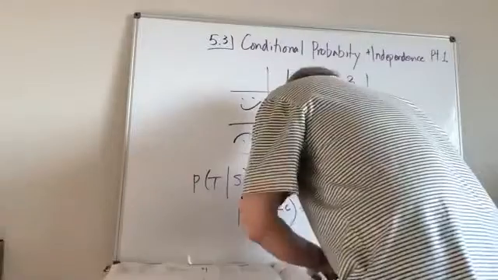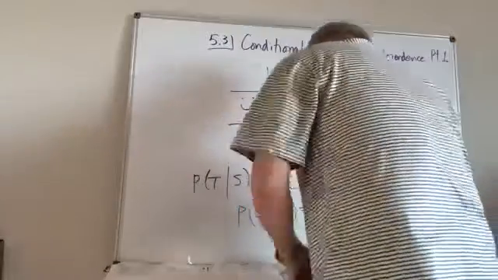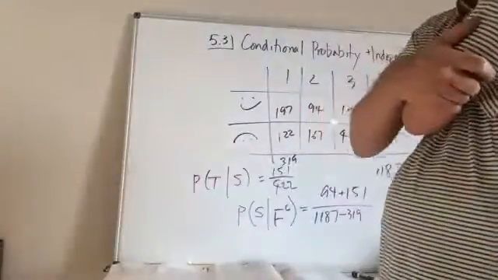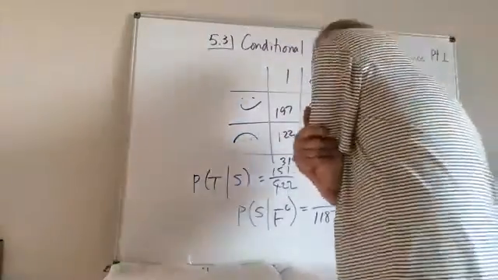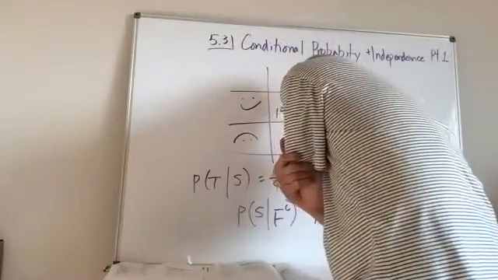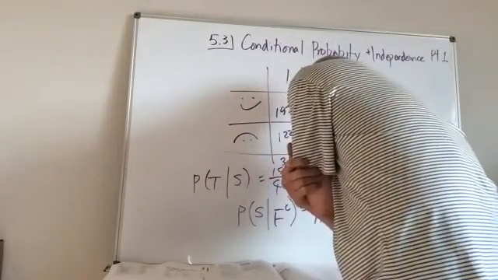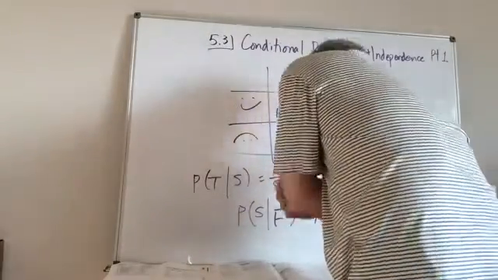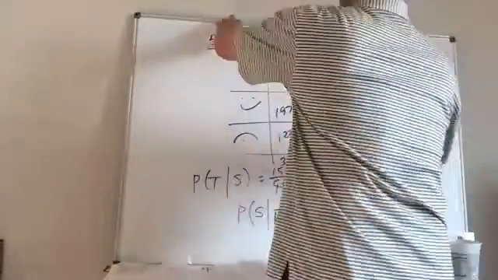Good there. So go to page 333. On page 333, there is a green box there. It says calculating conditional probabilities. Now here's an interesting thing.